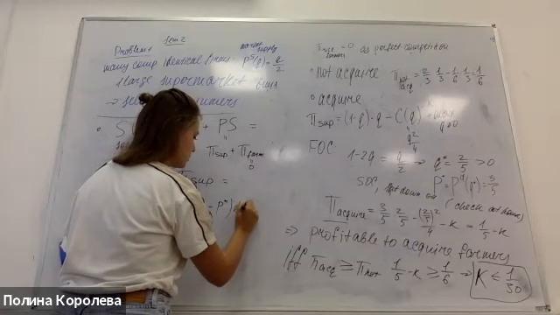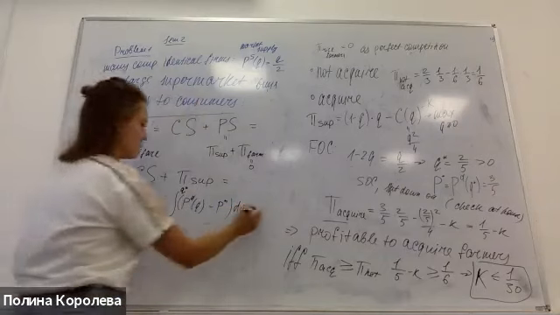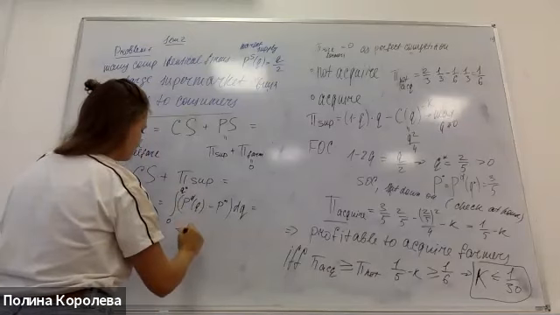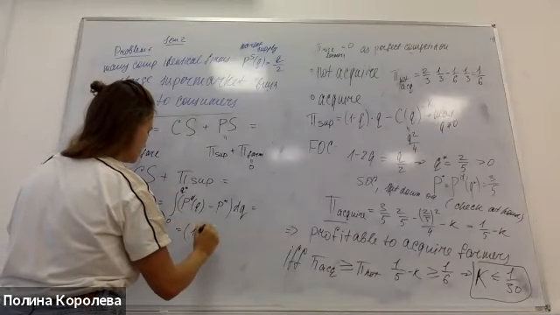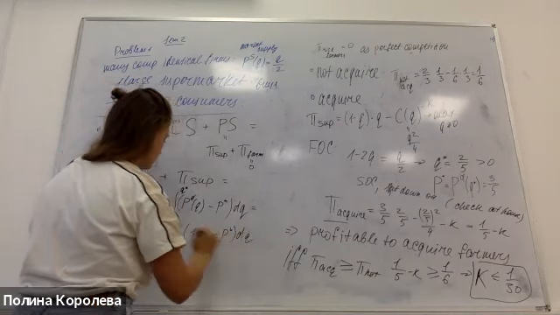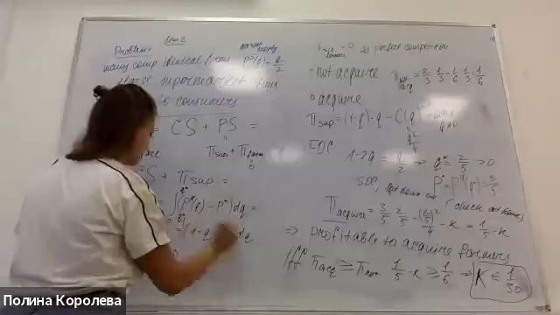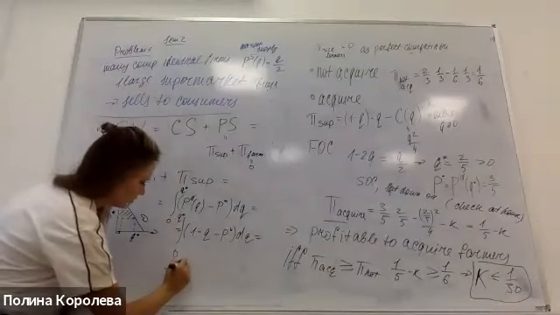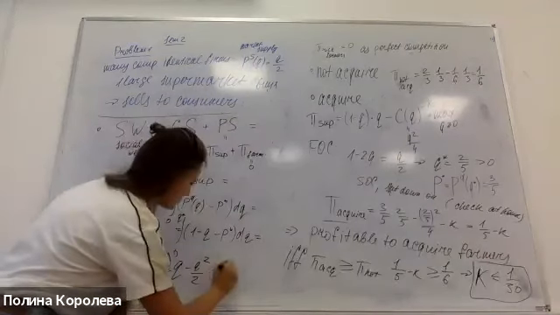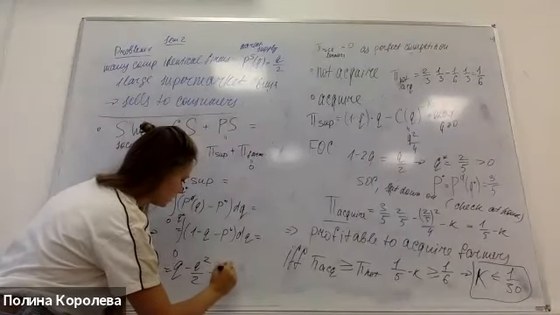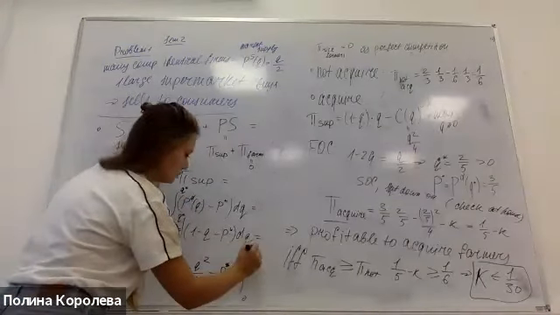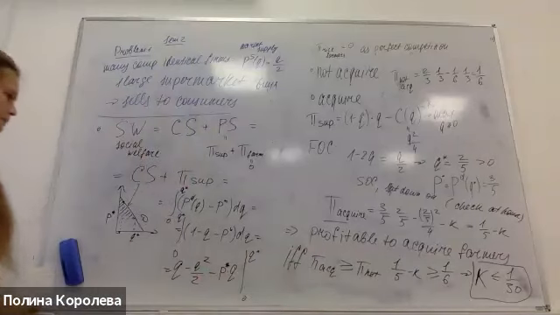And this we should sum up by the quantity that we buy. So this will be how much? 1 minus Q minus P star, from 0 to Q star. And this is Q minus Q squared divided by 2 minus P star as a constant multiplied by quantity, from 0 to the optimal quantity.